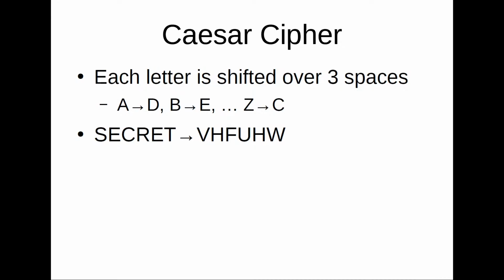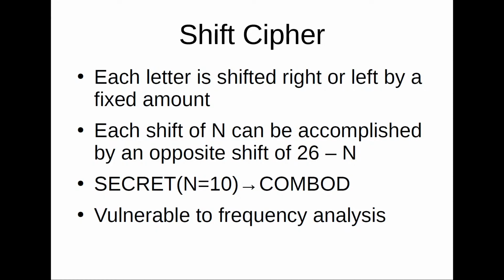And you can have a generalized form, just a shift cipher, where each letter gets shifted right or left by a fixed amount, which is used as the key. And each shift of n, so for example 3, can be accomplished just as well with an opposite shift of 26 minus 3, so 23.